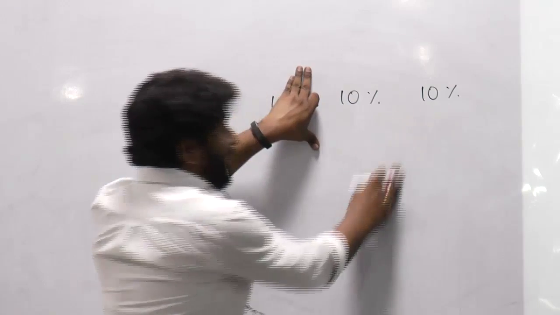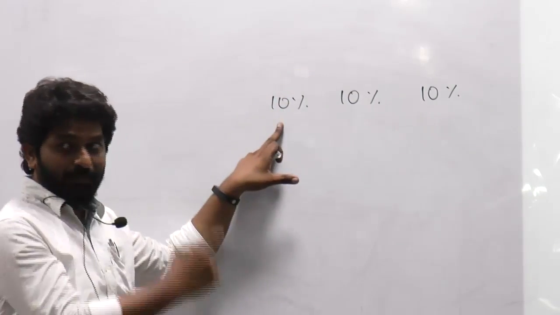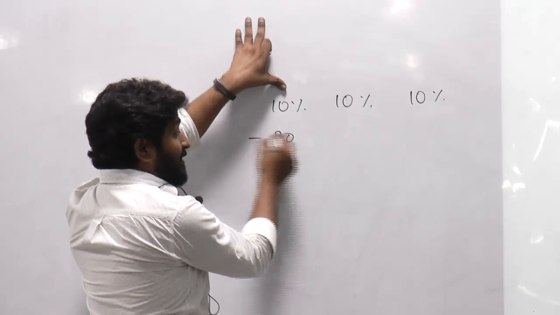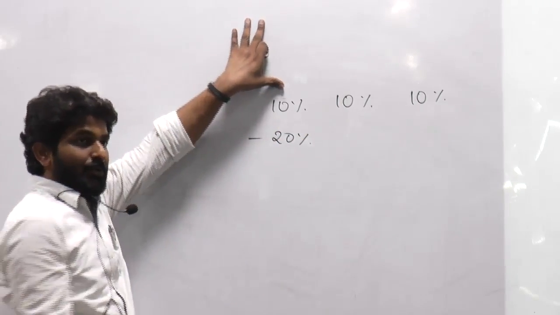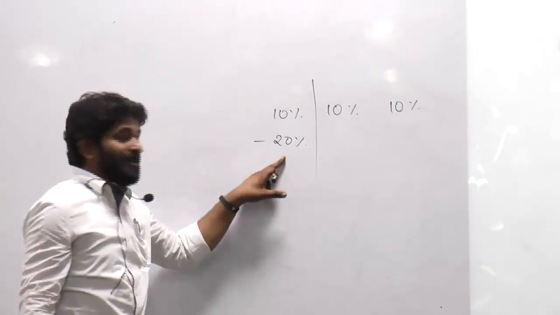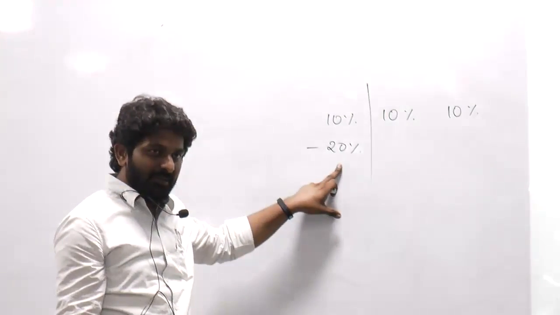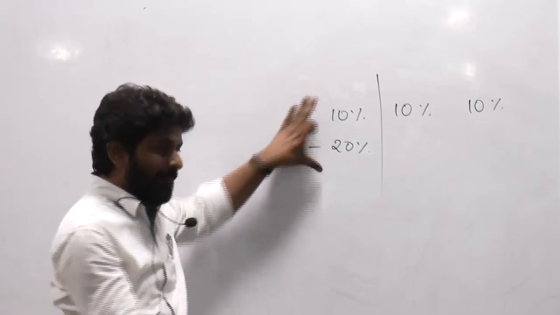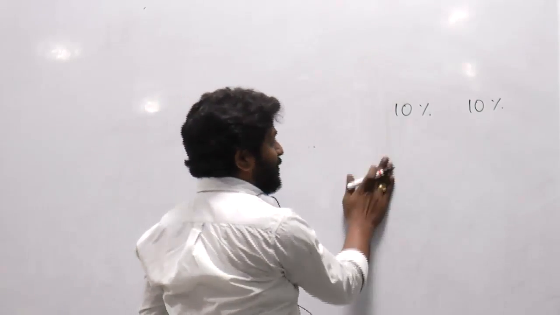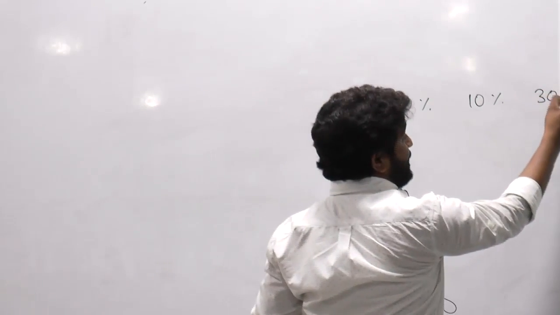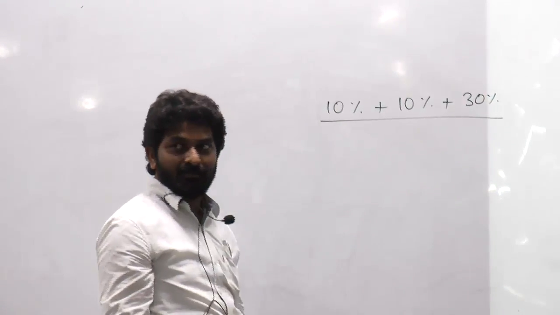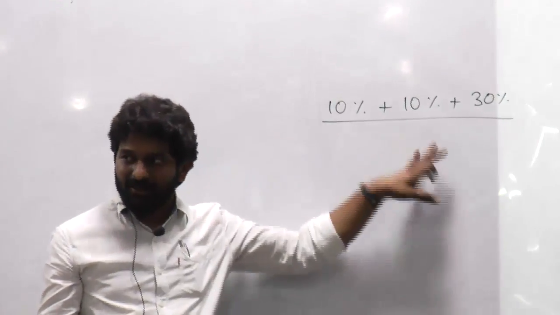But instead of 10% profit, you got 20% loss. So you should compensate the 20% loss here, and you need to get 10% profit here. Total you should get 30%. As this is already sold out, you should get the 30% from the other 2 parts.